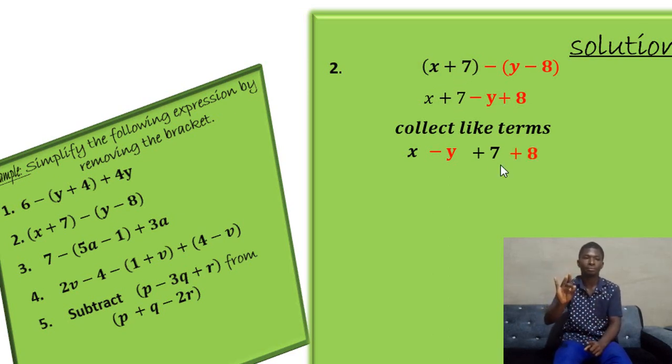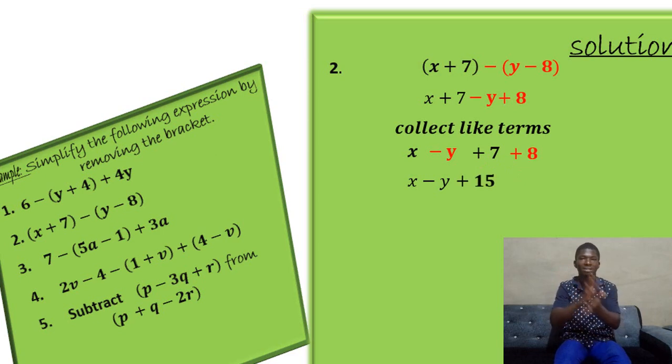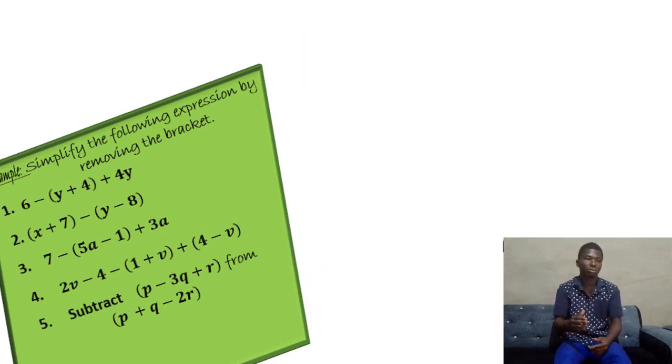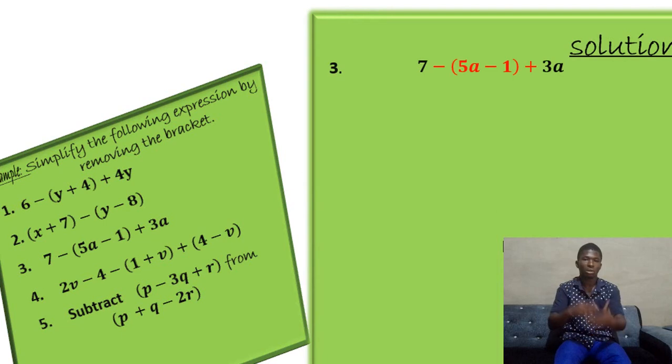I believe you can see that grouping. Then I have x minus y, I can't simplify anything there. This is plus 7 plus 8. When you add 7 to 8, that's plus 15. And with this, there is nothing else I can do. So that's it.